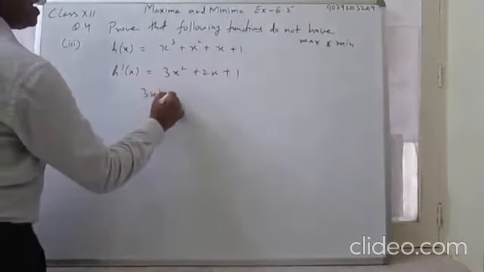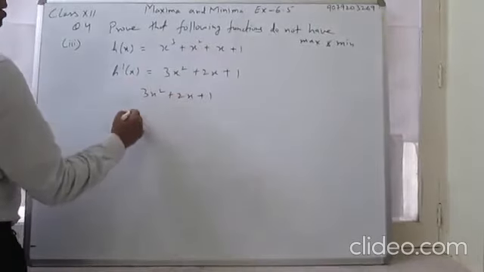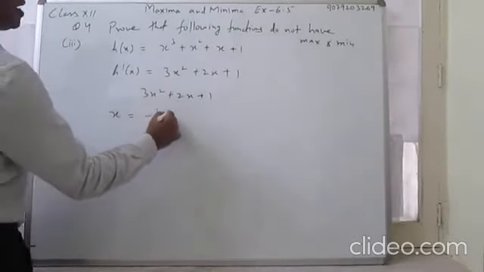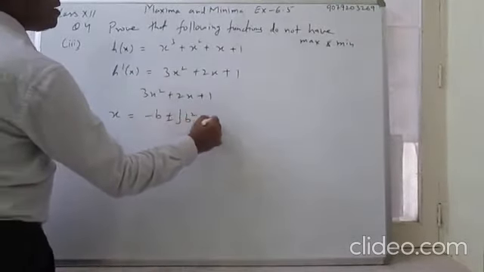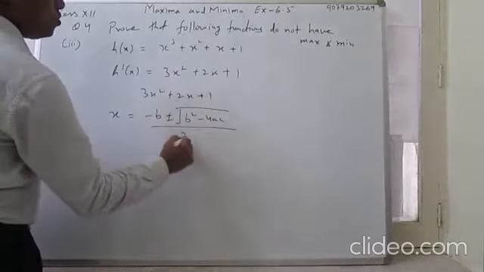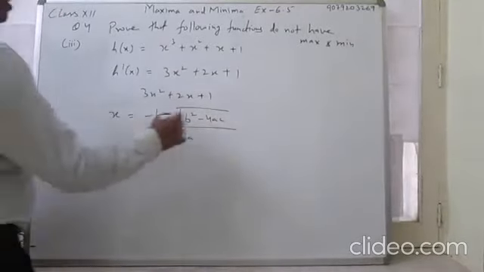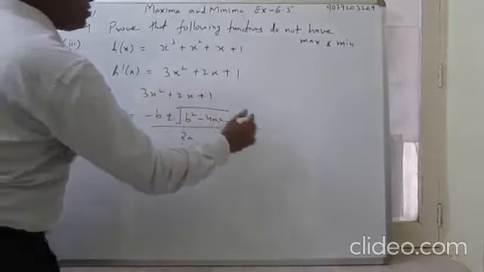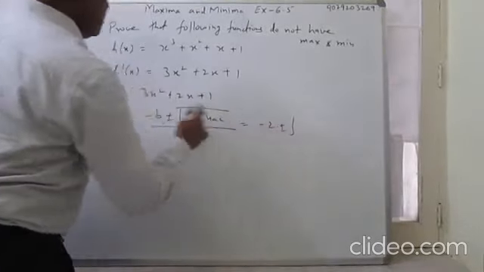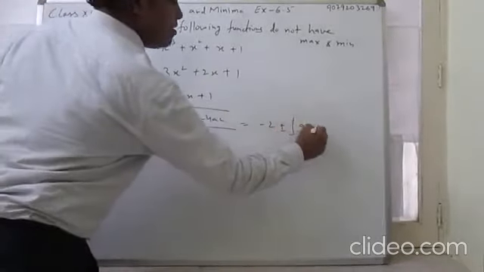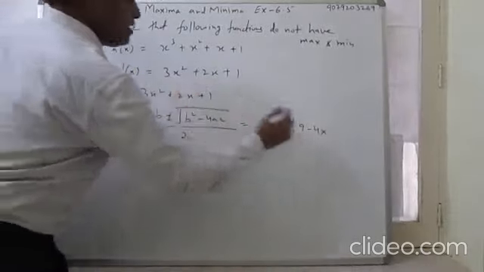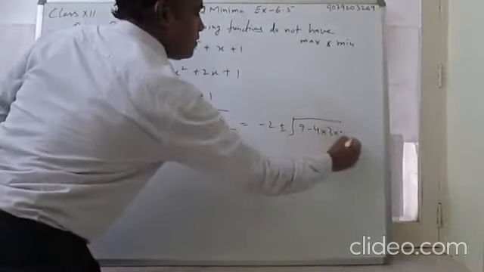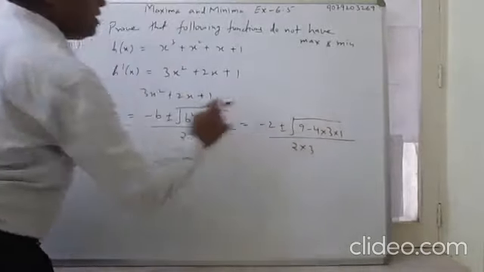If equation is 3x square plus 2x plus 1, we know that x is equal to minus b plus minus under root b square minus 4ac upon 2a. Now what is b? Minus b is coefficient of x, so minus 2 plus minus under root b square 4 minus 4 into a3 c1 upon 2 into a3.